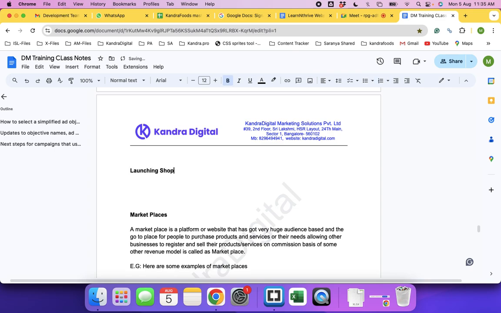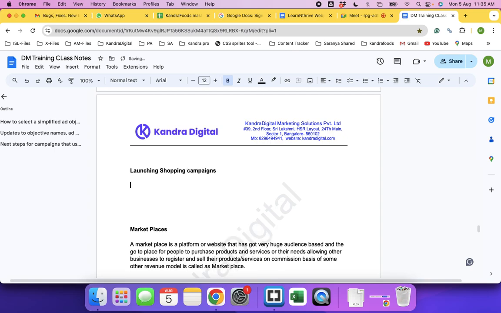launching shopping campaigns. Okay. See, shopping campaigns are launched only for the e-commerce businesses.